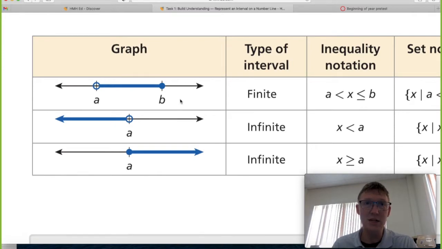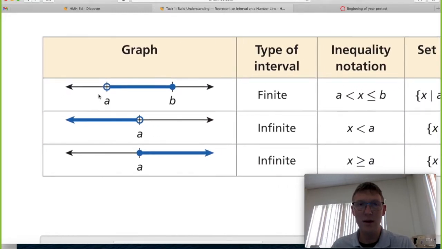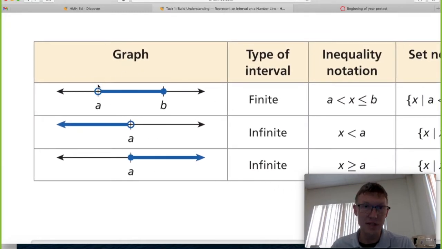So set notation is kind of an abbreviated way of describing an interval. I'm sorry, not set. Interval notation is an abbreviated way of precisely describing this interval right here. There's a couple of different ways that we use it.